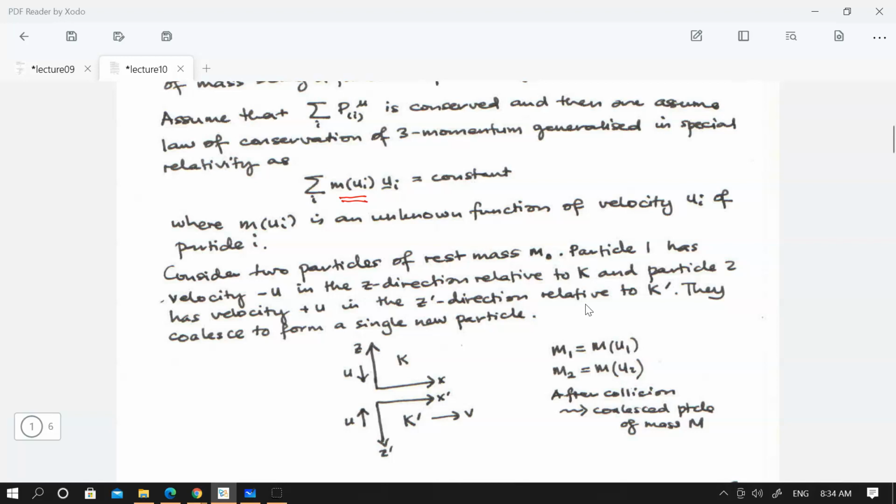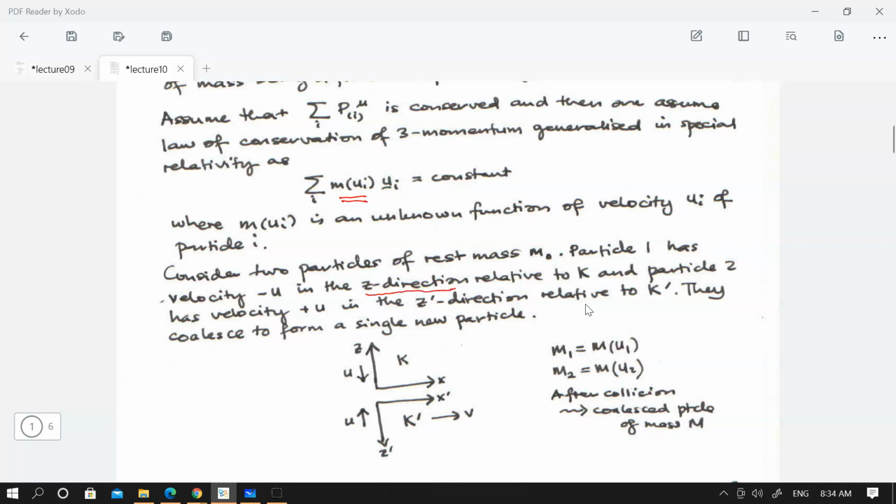Okay, so let's consider two particles of rest mass m naught. In other words, we have particles of the same mass or same type. Particle 1 has velocity minus u, traveling in the z direction.